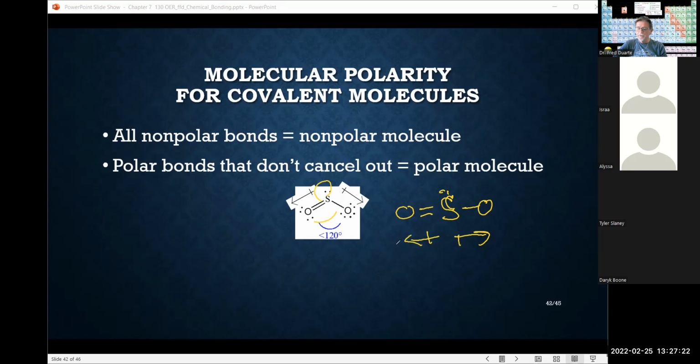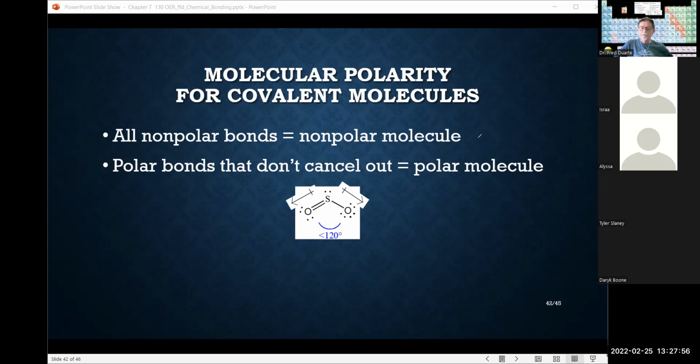Okay, you would think, all right, that polar bond cancels out the left and the right, but it doesn't. Why? Because that lone pair causes that angle to be smaller than 120. And look what happens to that polar bond. This one goes to the southeast direction, and this one goes to the southwest direction. And so they don't cancel each other out. And so the result is it has a polar molecule because the polar bonds do not cancel each other out.